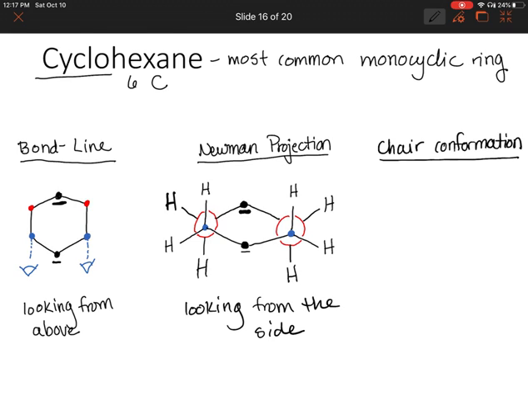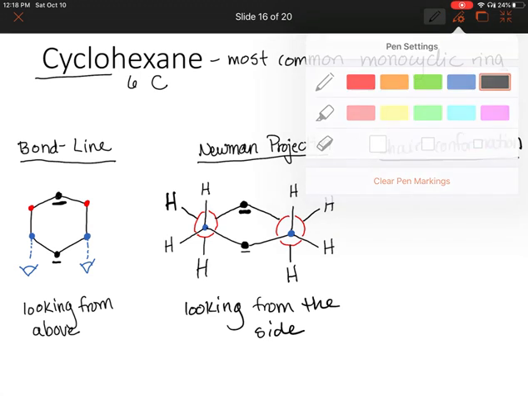All right, so if we look at this from an angle, we get something that kind of looks like, let's see if I can draw it well. Kind of looks like a bow tie almost. Actually, let me redraw this because I drew it kind of funny. It's been a while since I've drawn a chair conformation.